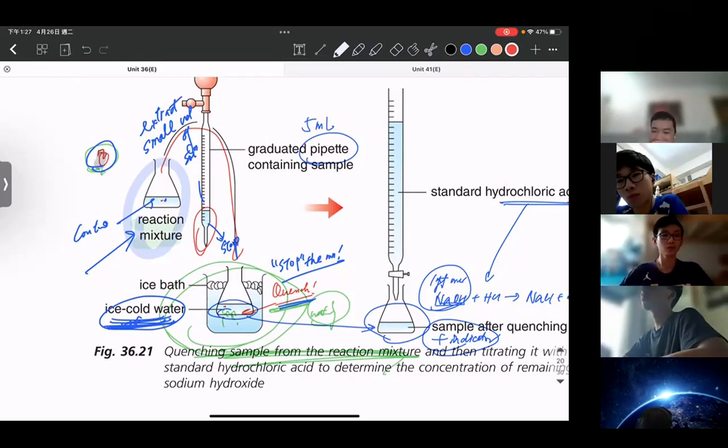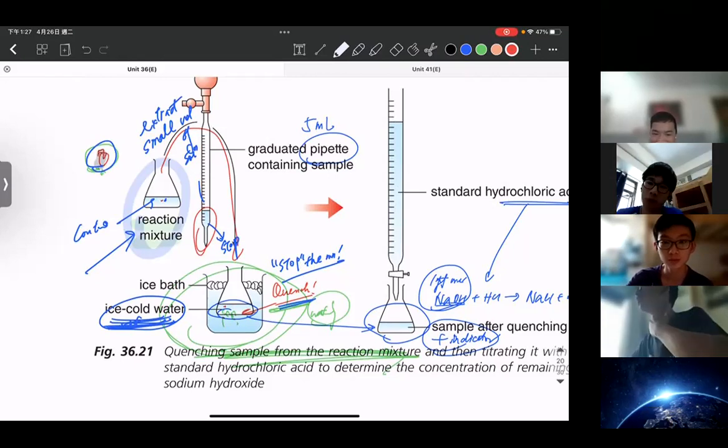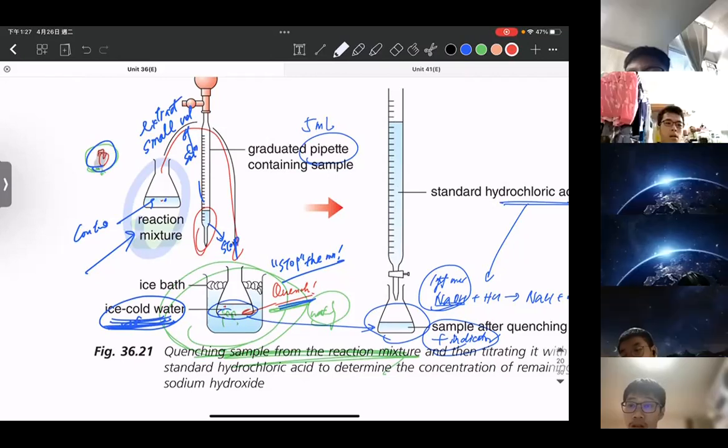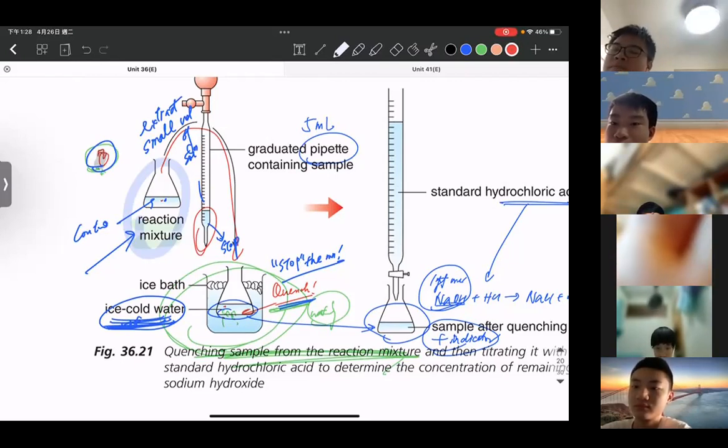What's the principle? Do you know the reason? Where are you here? Yes, I'm here. Tell me. Why would pouring the solution mixture into ice cold water slow down or even stop the reaction?